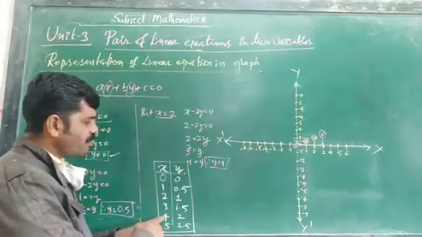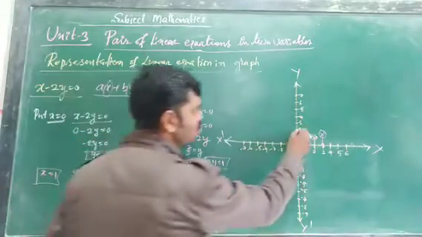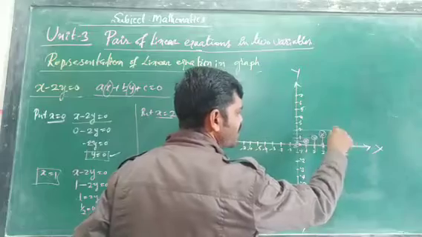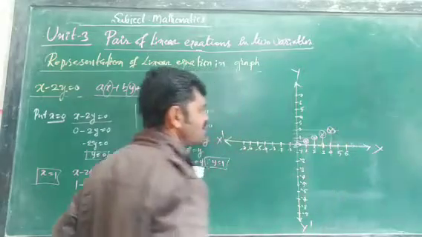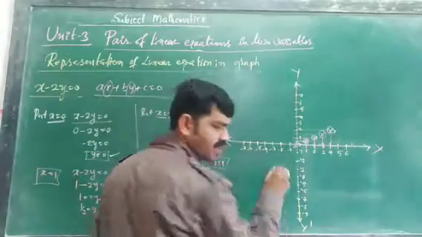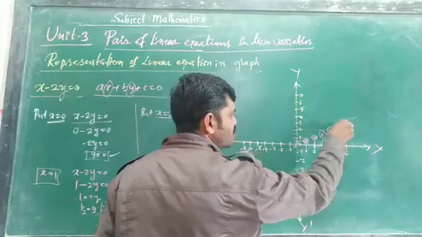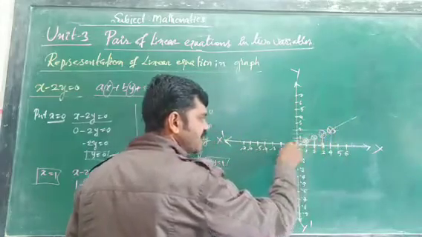If we put x is equal to 4, what is the y value? That is 2. Somewhere it intersects, that is the point. So if we draw a line like this, it goes like this.